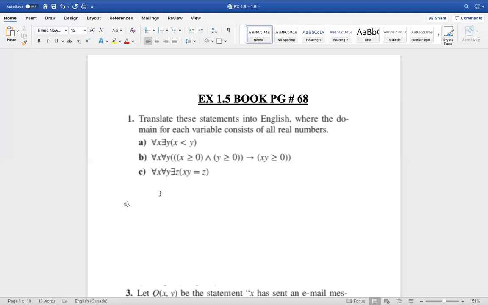Taking part A, if I have to convert this into an English statement, I will say: for every real number x, there exists a real number y such that x is less than y.